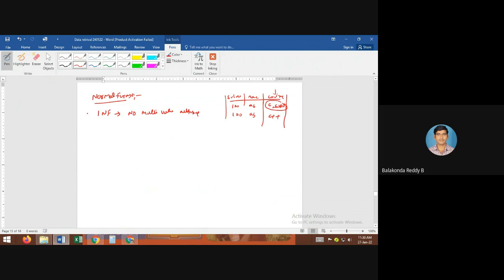Okay, next, second one, 2NF. Your table is in 2NF if, listen carefully, the table must be in 1NF and has no partial dependencies. What is meant by partial dependency?